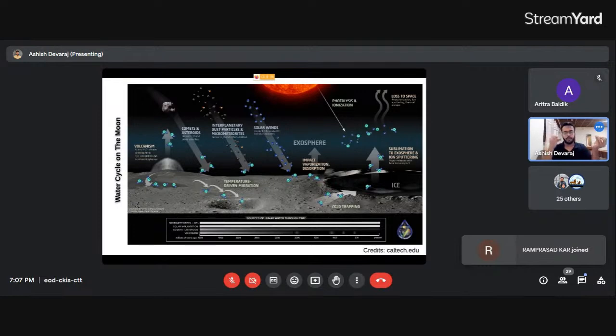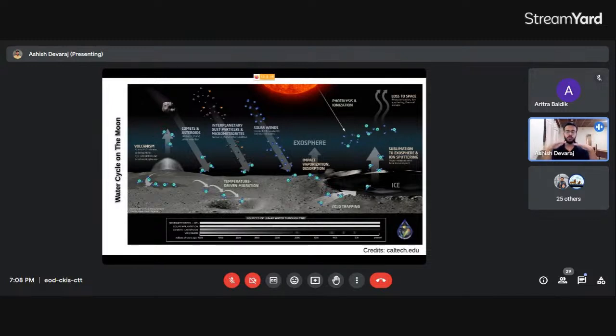Second is interplanetary particles. You know that the medium through which the Earth and Moon are moving is not actually very clean. There are a lot of dust particles and everything around us. Since Earth has an atmosphere, we don't see all these dust particles falling into our atmosphere.